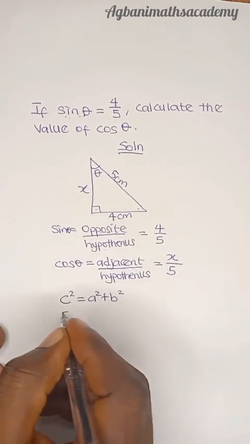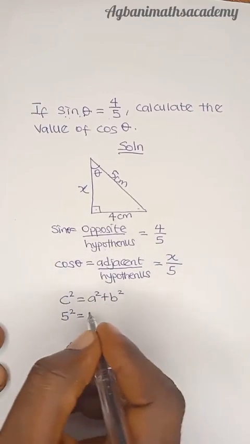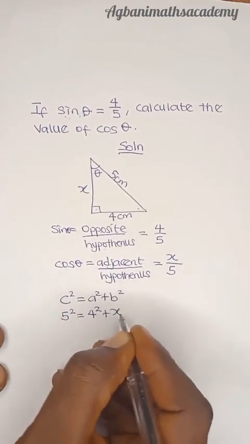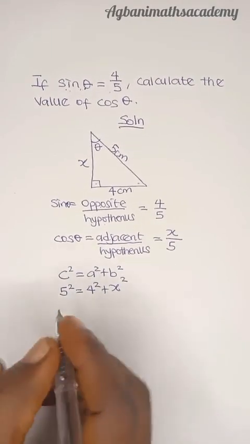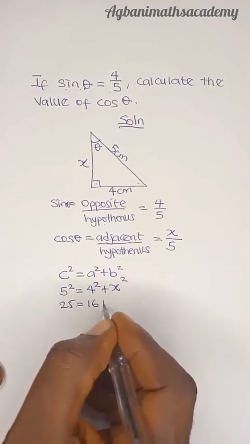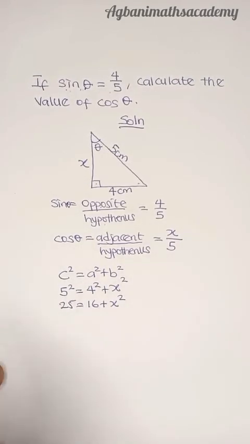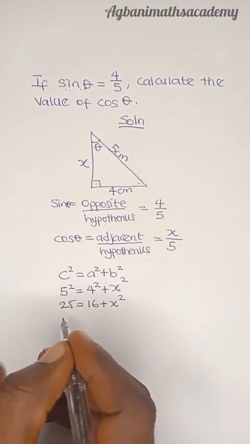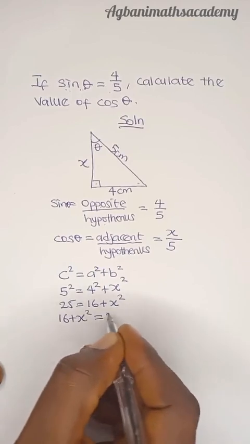We have 5 square is equal to, let's call this a, 4 square plus x square. 5 square is 25, so we have 25 is equal to 16 plus x square. Let's switch the equation, so we have 16 plus x square is equal to 25.